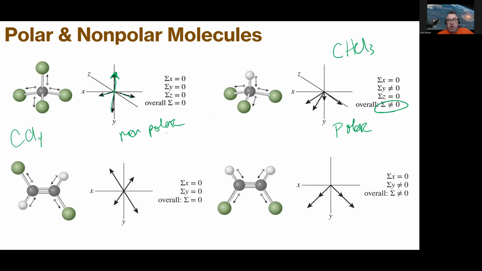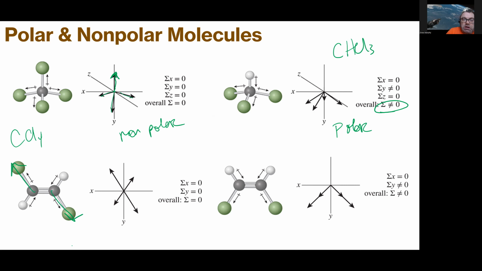All right. We can look at the same thing down here. These 2 compounds are isomers of each other, the dichloroethylene. We're not going to worry about naming stuff, but they are opposites. They are isomers of each other, meaning they have the same formula, but their shapes are different. Their molecules are different. The one on the left here has the 2 chlorines opposite of each other, and they're pulling equal and opposite.